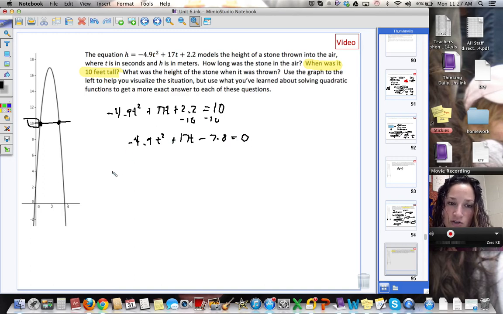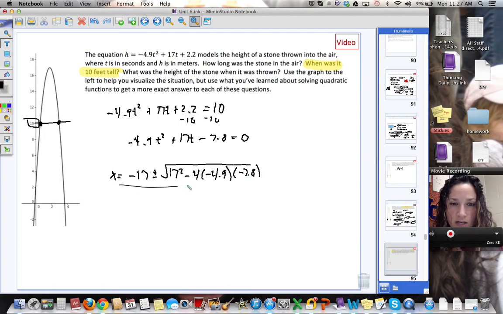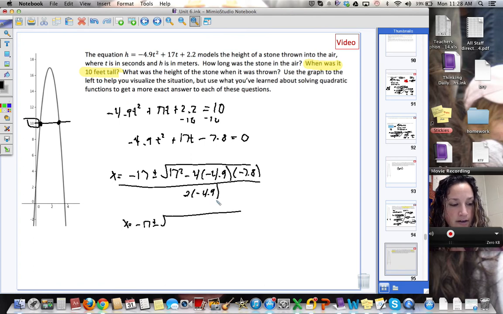So now I can use my quadratic formula. Negative 17 plus or minus the square root of 17 squared minus 4 times negative 4.9 times negative 7.8 all over 2 times negative 4.9. So I'm going to have x equals negative 17 plus or minus, I already forget what 17 squared is. That's 289. A negative times a negative is going to be a positive.